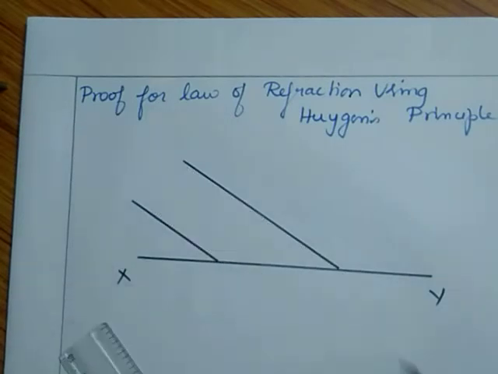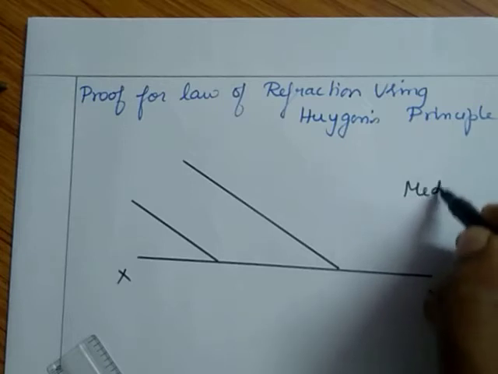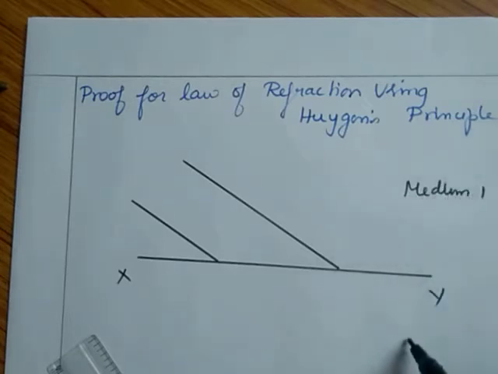The surface separates the two media: here it is medium 1, here it is medium 2. This is a rarer medium, this is a denser medium.